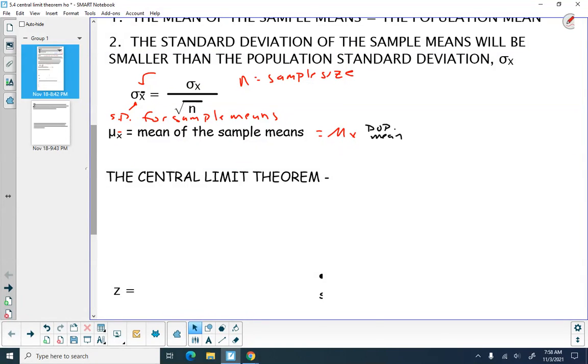Once again, this is just going to change how we calculate our z-value.